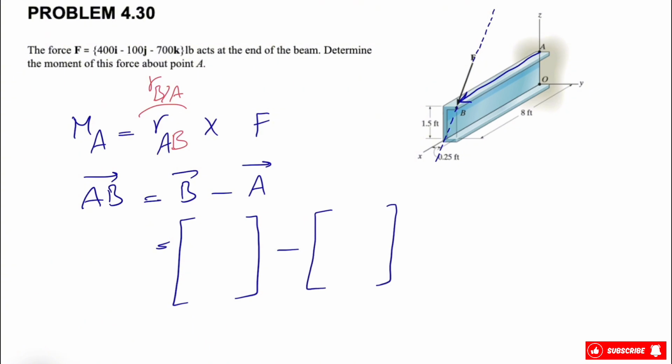So if we look at B, we'll see that for the X, we are this distance in here, which is 8. For J, since the point B is a little bit far from the XZ plane, and we have this distance, basically this distance in here is our Y, and it's on the positive side, so it will be 0.25.